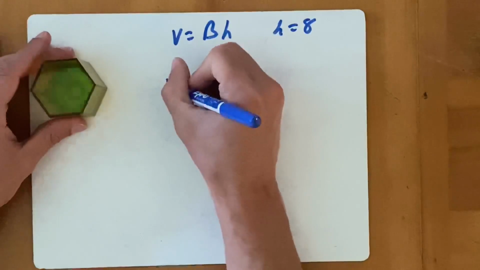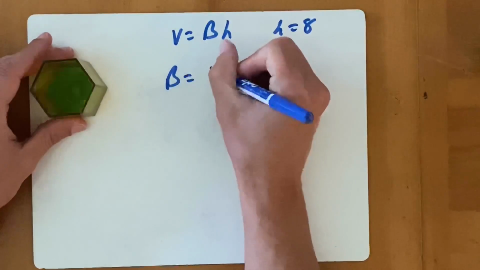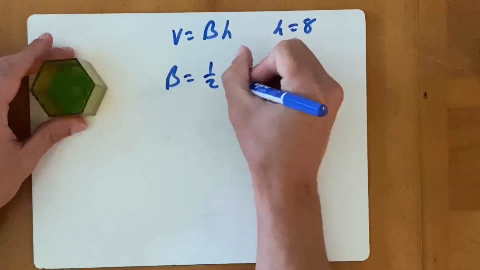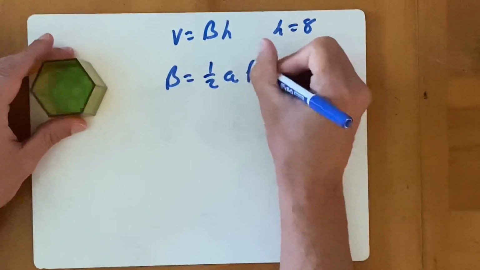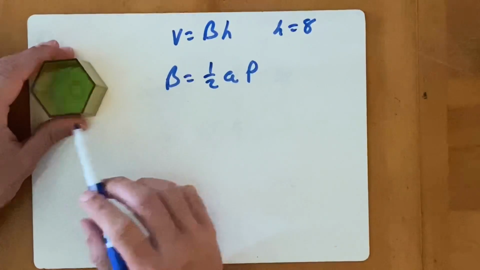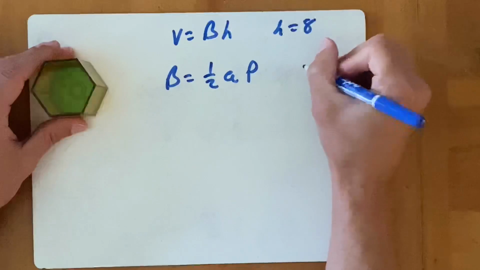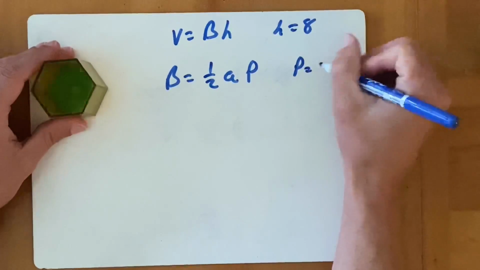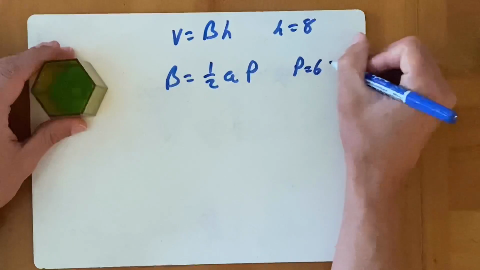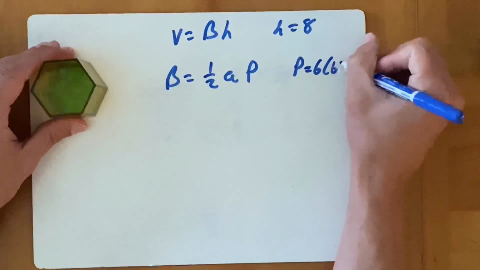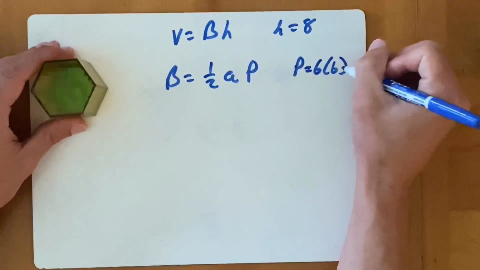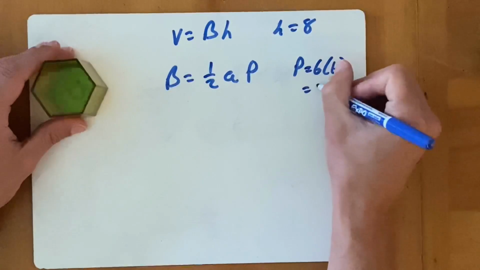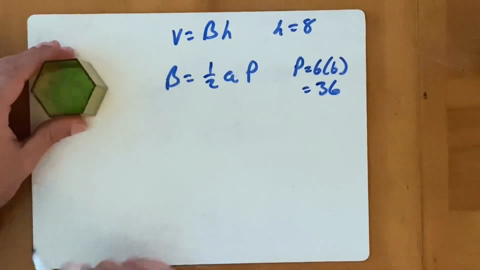The area of the base for a regular polygon is 1/2 apothem times perimeter. One side is 6, so the perimeter is 6 sides times 6 meters for each side, so my perimeter is equal to 36.